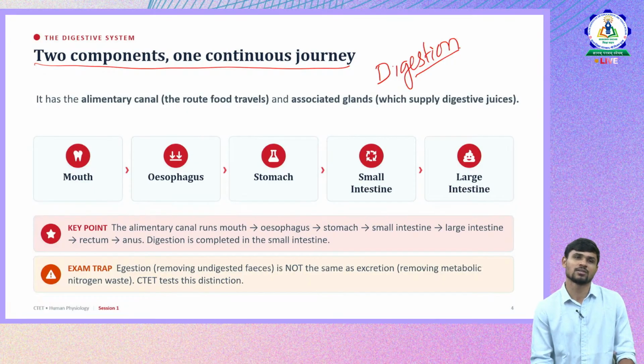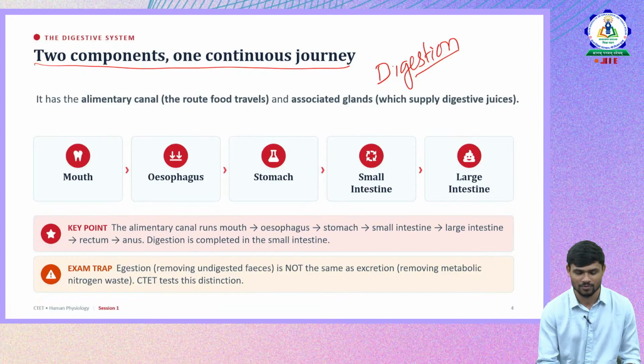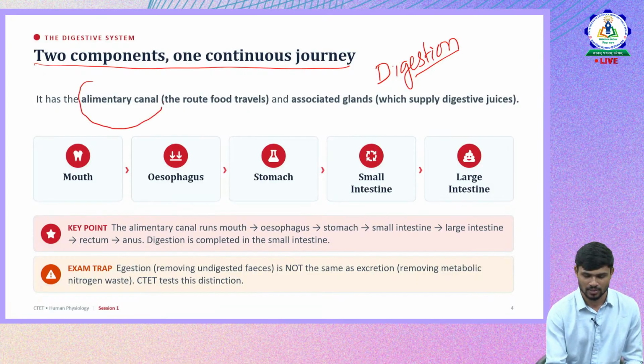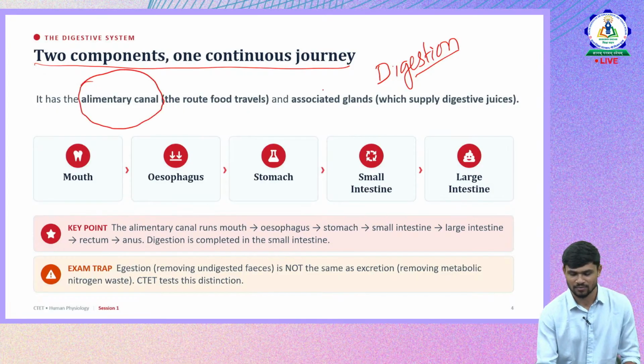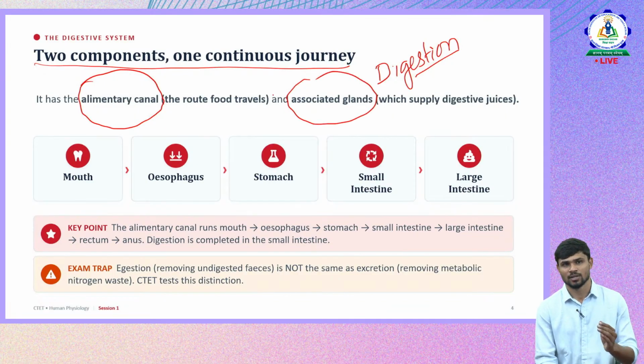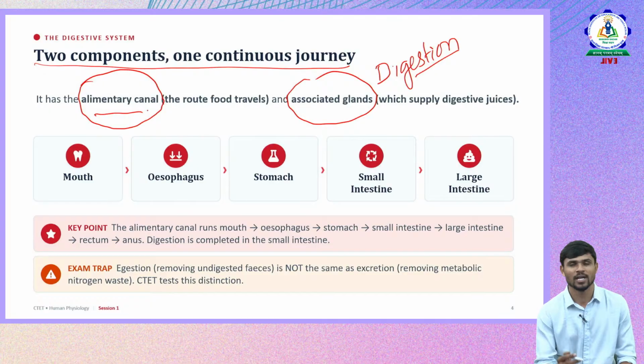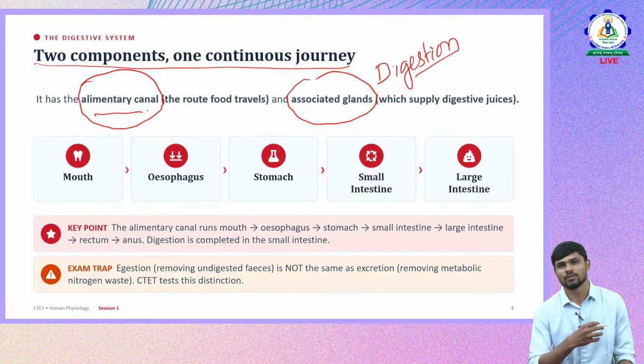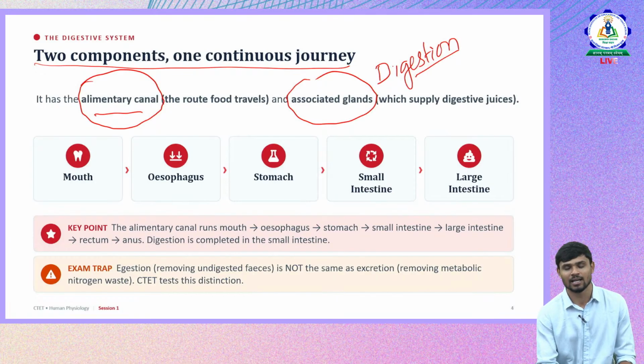In the digestive system, there are 2 major components. We have the alimentary canal, and then we have associated glands. One is the alimentary canal, where food physically moves from mouth till anus, and there are associated glands.